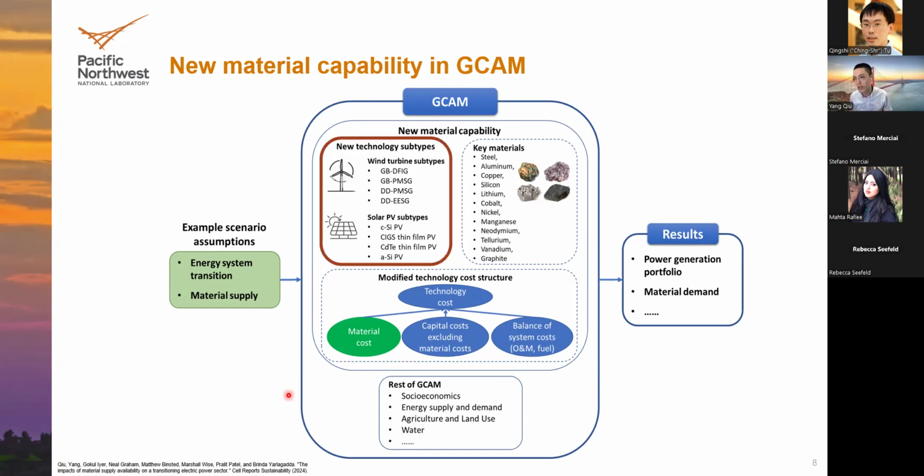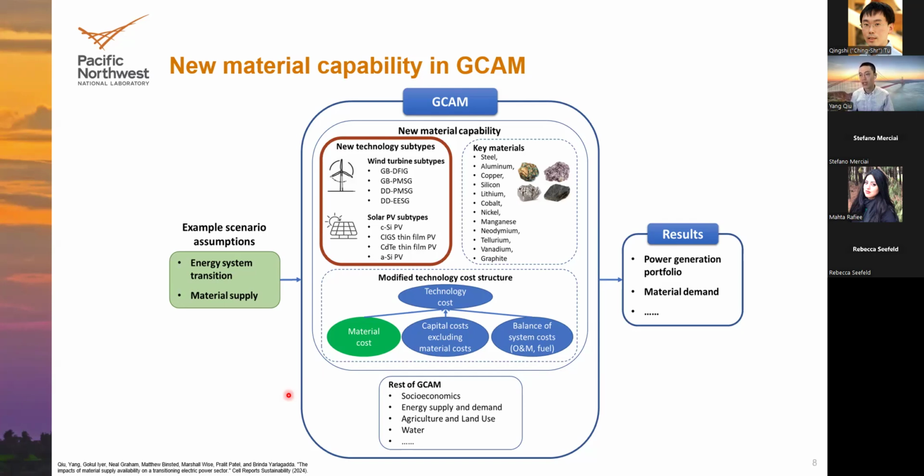So this paper is mainly focusing on capturing the demand in the power sector. There are three main modeling steps related to this effort. The first one is introducing some subtype technologies for mainly renewable energy technologies: solar, wind, and also battery storage.